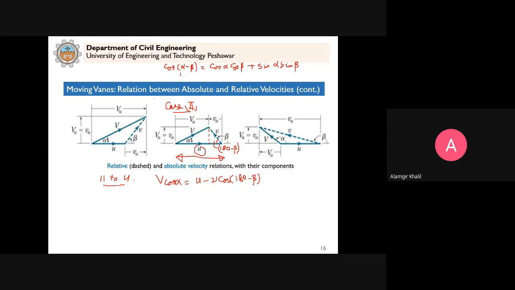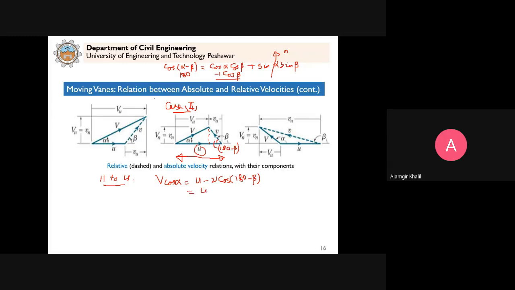Now that alpha is 180 degrees, sine 180 degrees is 0, so this cancels out. And cos of 180 is minus 1. So it is minus cos of beta. From here now it is minus cos of beta.